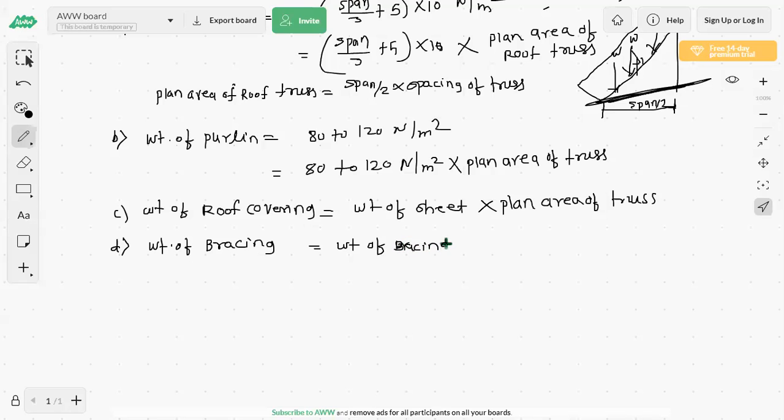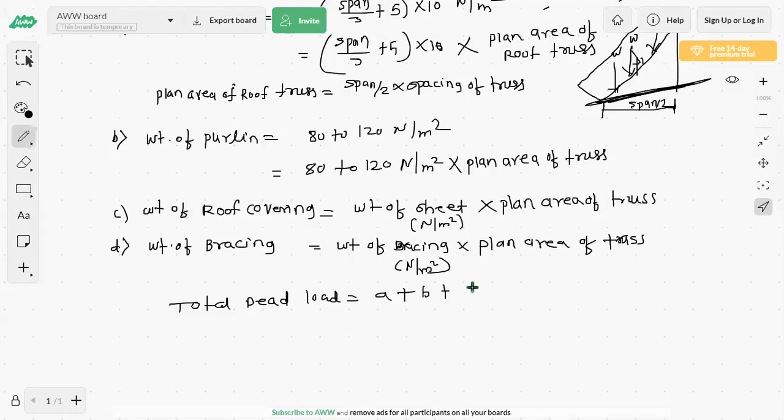So weight of bracing into again plan area of truss. This weight of bracing is in Newton per meter square. This is also in Newton per meter square. So if we multiply by the plan area, then it will be in Newton. So now the total dead load is equal to what? A plus B plus C plus D.